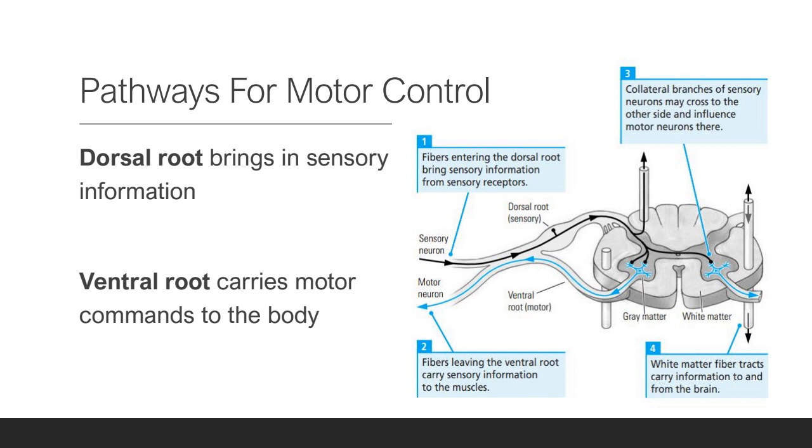Then we've got fibers leaving the ventral part of the spinal cord. The fibers leaving the ventral part of the spinal cord will be carrying information from the spinal cord down to the muscles.